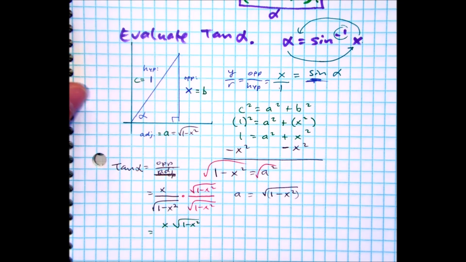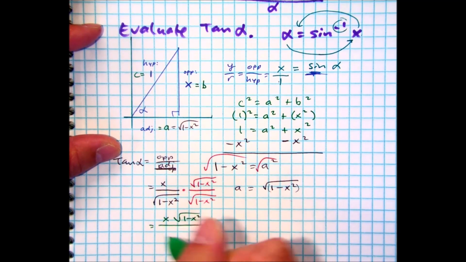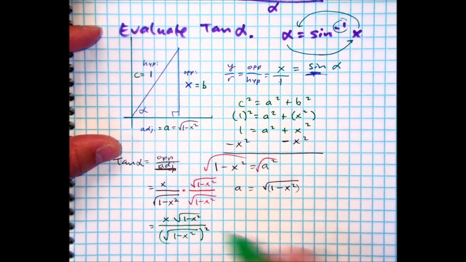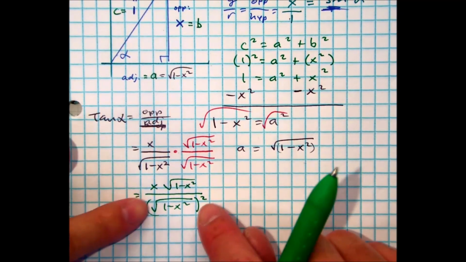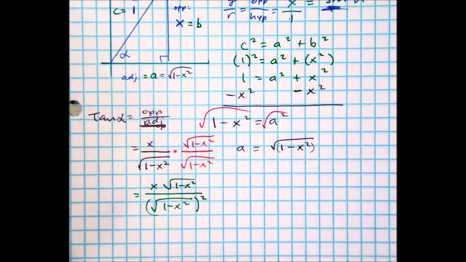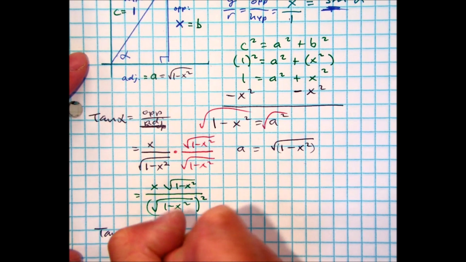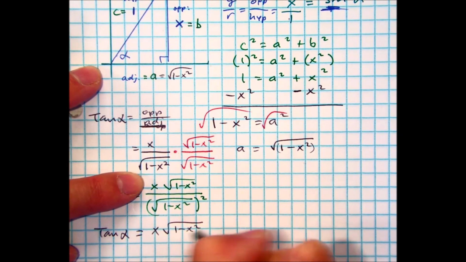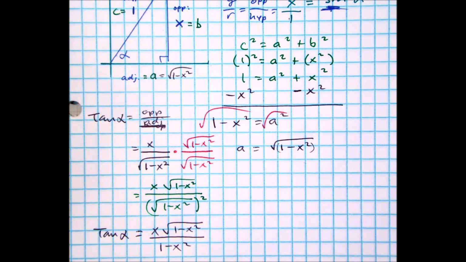You're not going to do any distributing there or anything like that. And then in the denominator, you actually have 2 of these, don't you? And these will cancel, and you're going to be left with tangent of alpha equals x times the square root of 1 minus x squared all over 1 minus x squared.